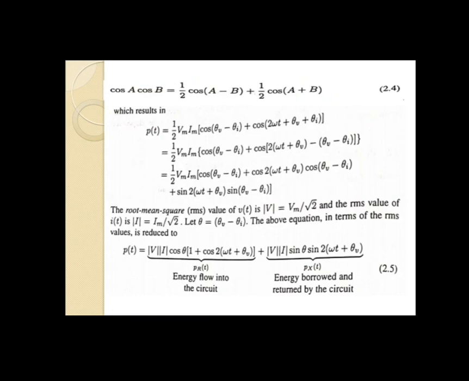Now let us rearrange the equation. This is the rearranged form of the previous equation: 1 upon 2 Vm Im [cos(theta v minus theta I) plus cos(2 omega t plus theta v minus theta I)].